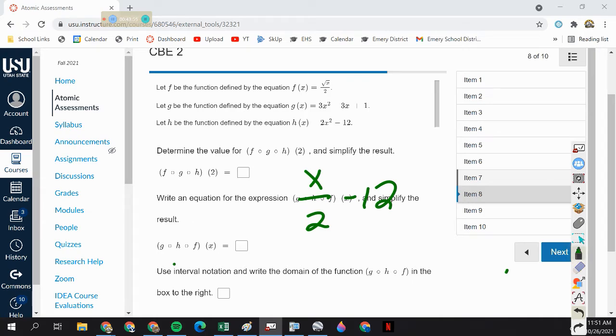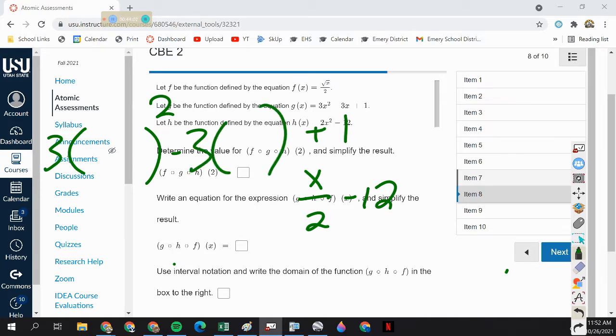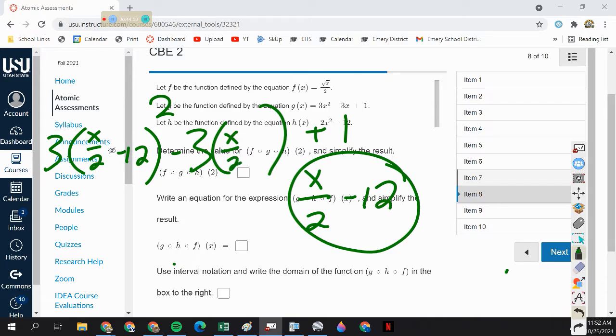So the g function is 3 times something squared minus 3 times the same something plus 1. And I'm going to stick this into that. So x over 2 minus 12 and x over 2 minus 12. Not going to be very friendly. So x over 2 minus 12 times x over 2 minus 12.